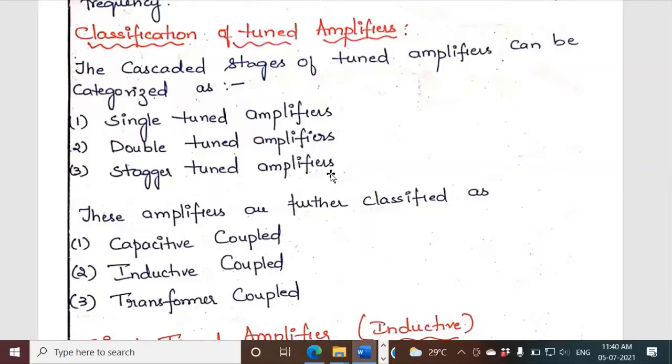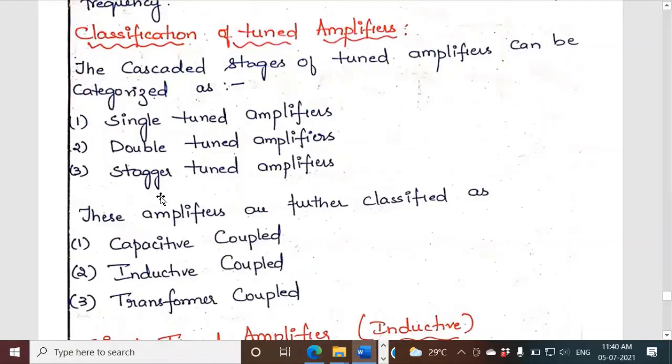you have amplifiers with multiple tuned circuits, but the resonant frequency is different. Check out the meaning of stagger in Google. It is not the same. Staggered, you check the meaning.